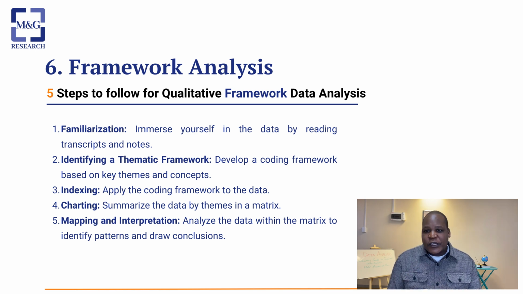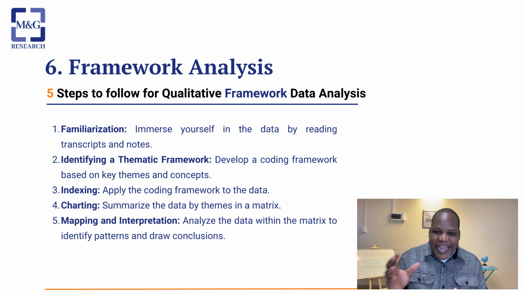And then you get to the next step, which is charting. That is summarizing the data by themes in a matrix. So you develop a matrix table whereby you begin to chart or present, like the charts that we all know. We know what a chart is all about. So that's what you begin to do.